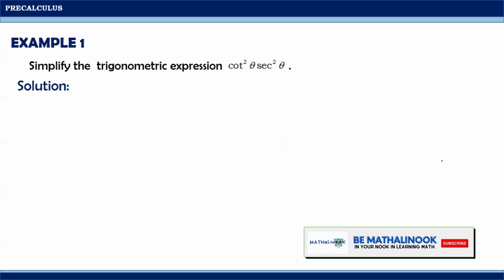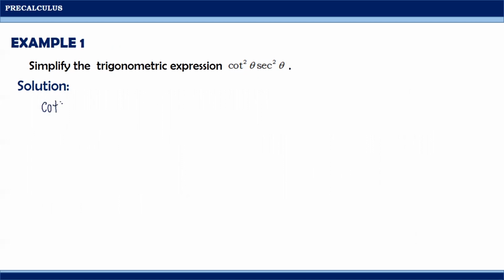Simplify the trigonometric expression cotangent squared theta times secant squared theta. For the first step, let us express cotangent squared theta and secant squared theta in terms of sine and cosine.